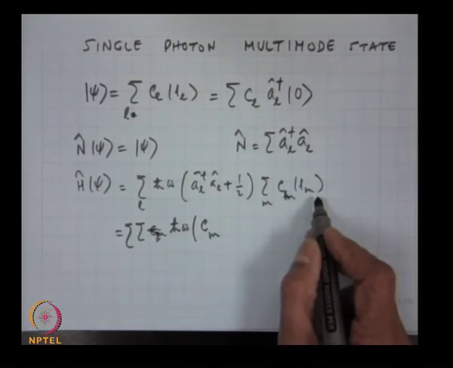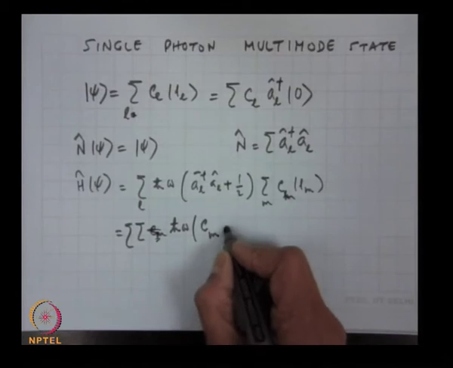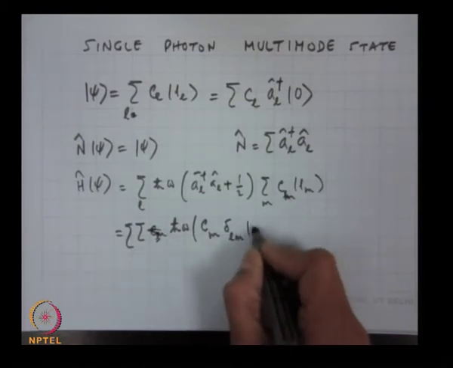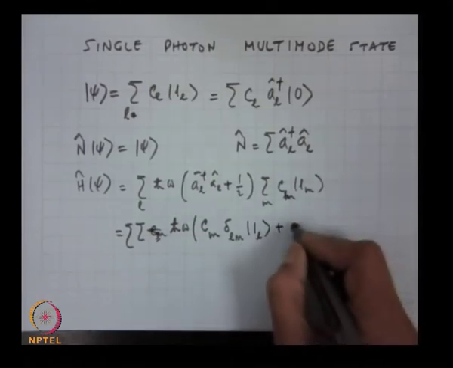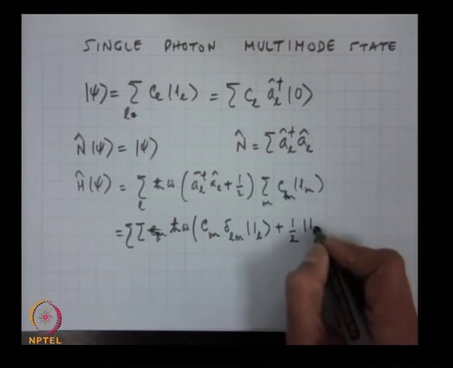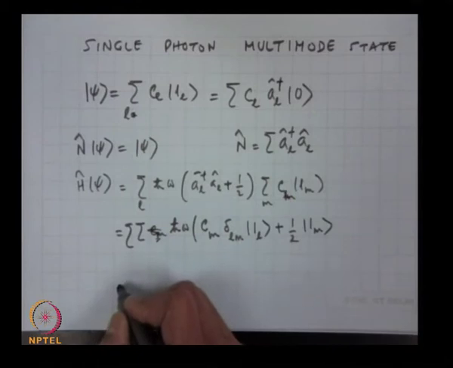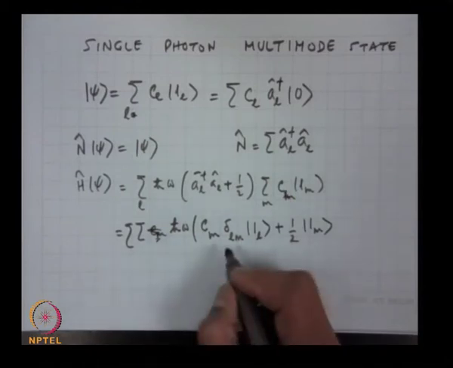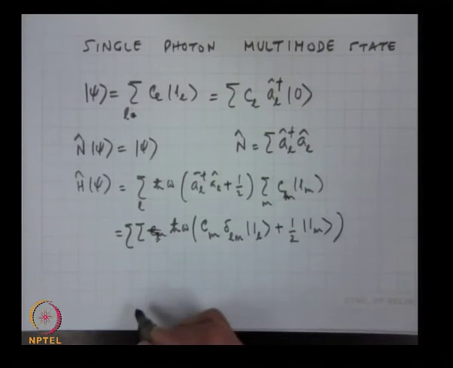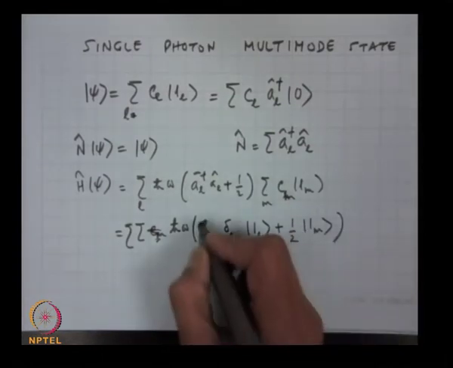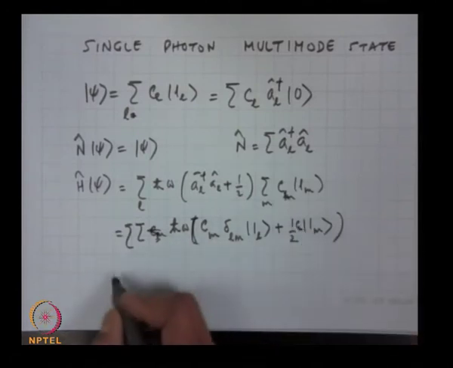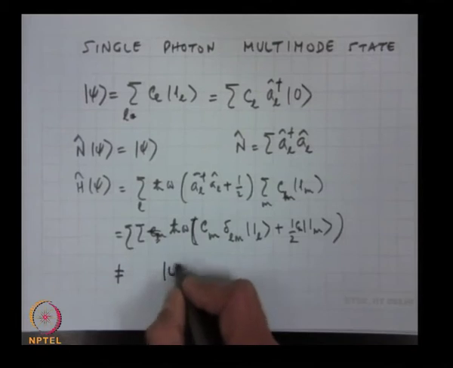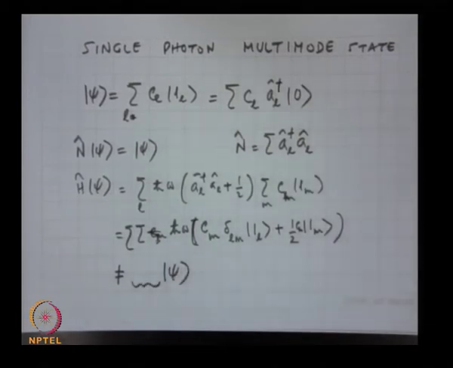If L is not equal to M, it gives me 0. So this will be delta_LM |1_L> plus the half term, C_M will come there also, right? So you see, this is not proportional to psi.